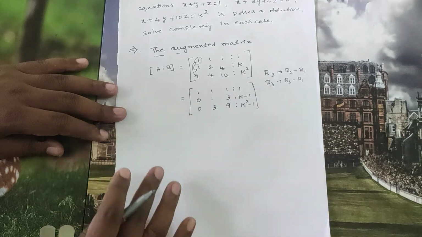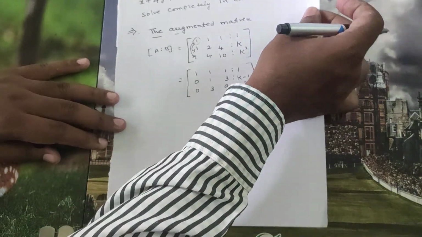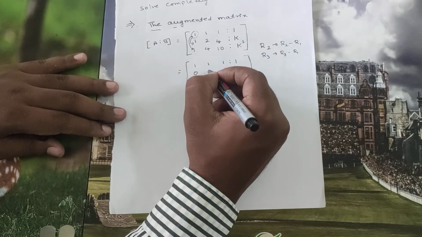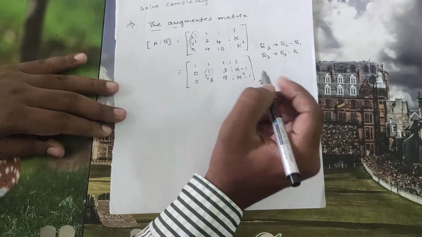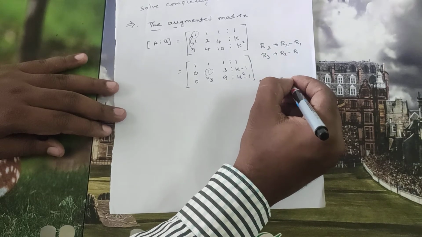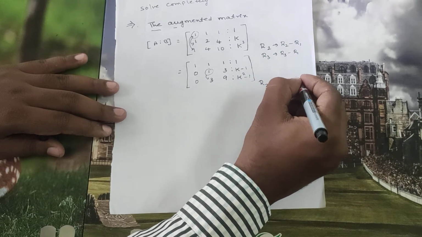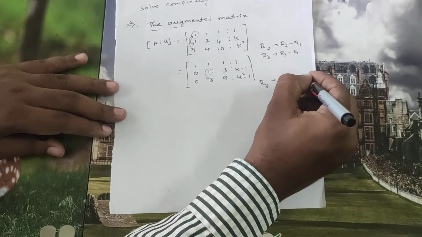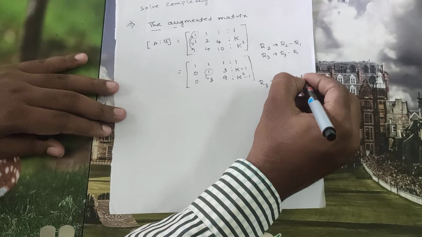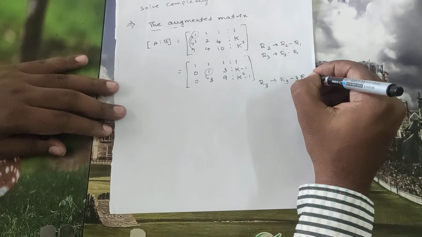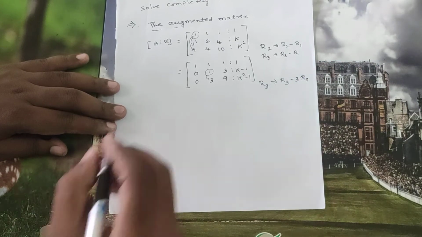Okay, now using r2, make the r3 element 0. So r3 minus 3 times of r2. So what do you get now?